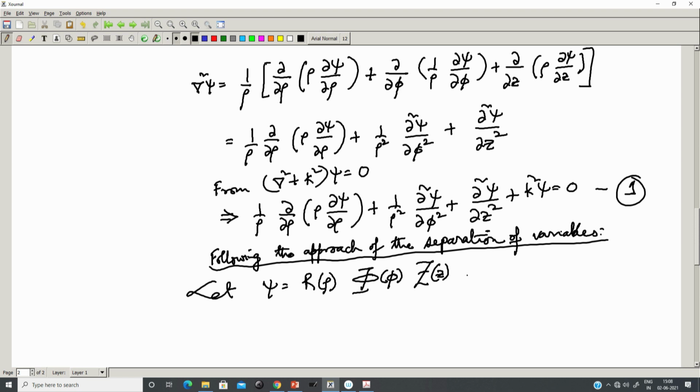So, we break up psi into 3 distinct functions. One is R, which is a function of rho only, big phi, a function of phi only, and capital Z, which is a function of z only. So, this is the distinct decomposition of psi. So, we call this equation 2.